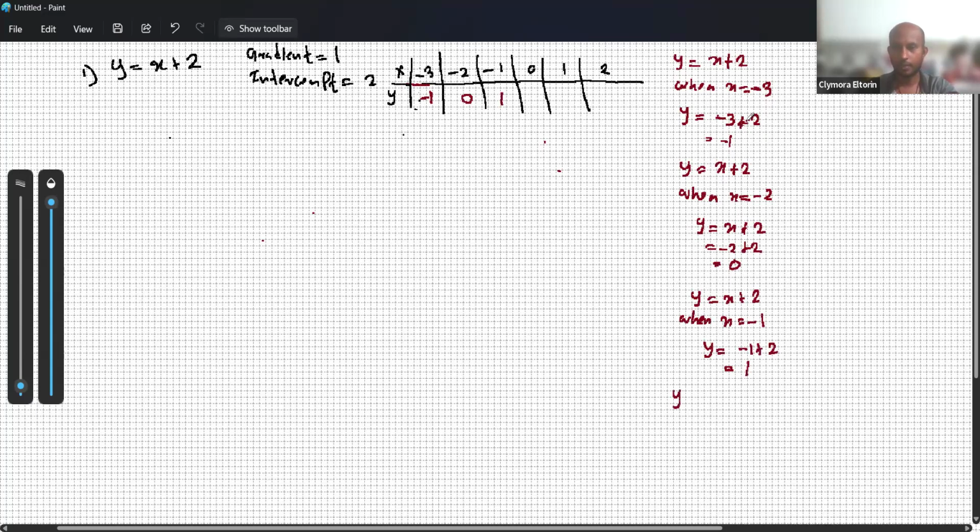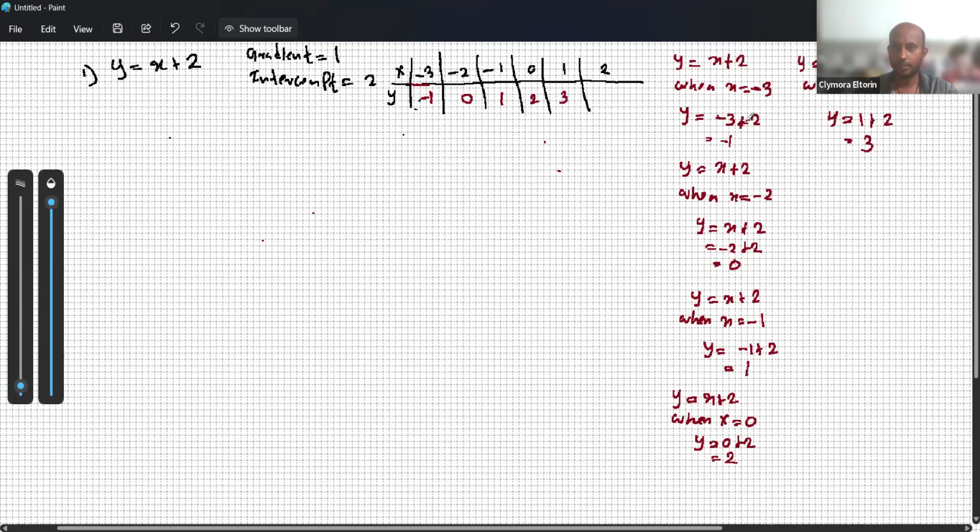Next one. Y equals x plus 2. Now let's consider when x equals 0. What happens? Y equals 0 plus 2, so the answer is 2. Next one. When x equals 1, y equals 1 plus 2. It means 3.